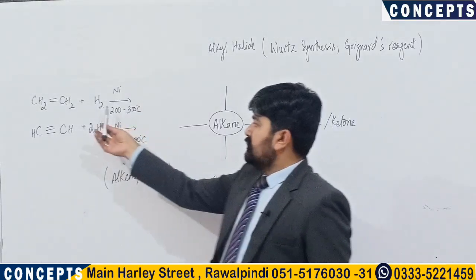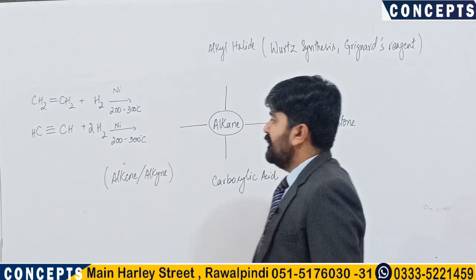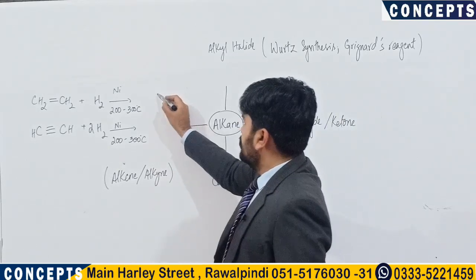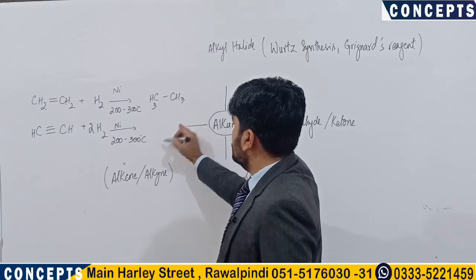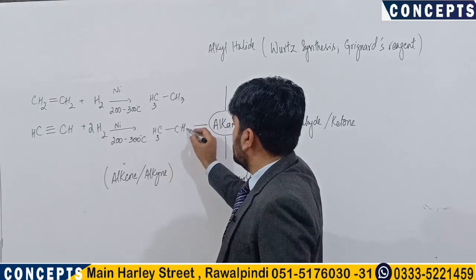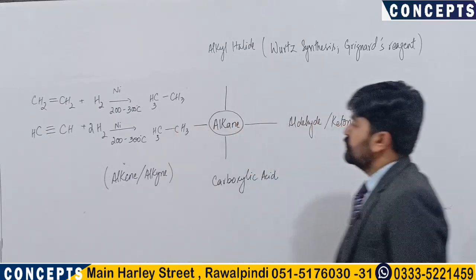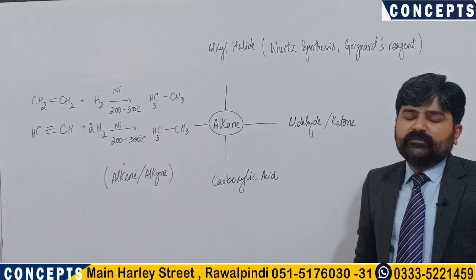After the reaction, the hydrogen molecules add up to the double bond or triple bond, making the molecule a saturated one. For each case, we get the same product, which is known as ethane. So this is one reaction that can be used for the preparation of alkane.